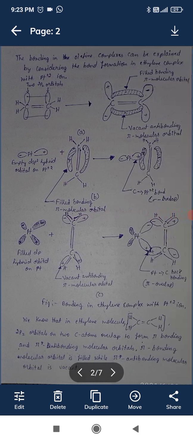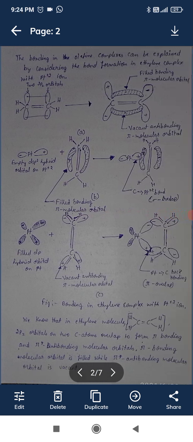But in the third case, the reverse happens, that is back donation: the dp orbital, that is the metal orbital, is filled, and the pi star molecular orbital, that is the ligand orbital, is vacant. Here donation of electrons happens from the metal to the ligand. This is what we call back bonding or back donation.